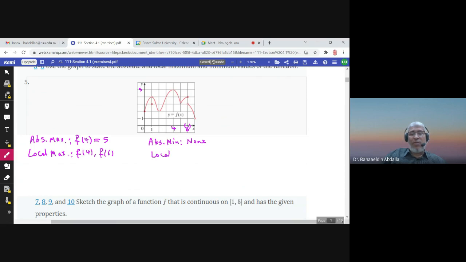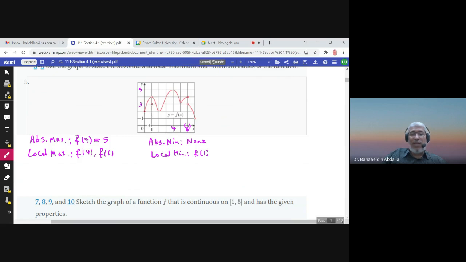What about local minimum? Well, f of 0 cannot be a local minimum because it's an endpoint. But f of 1, now f of 1 is this closed circle, this point. F of 1 is 3.